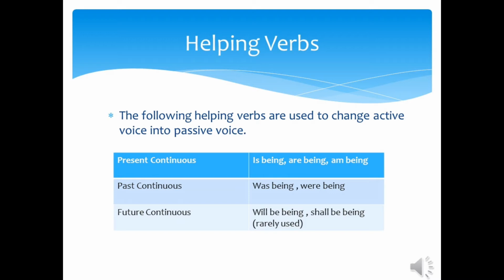And am being will only be used with the subject I. In the same way, was being will be used with singular and were being will be used with plural subjects. In the case of future continuous tense, the same difference will be there: with I and we, shall will be used, and with all other subjects, will is used. But students, keep this in your mind that the passive voice of future continuous tense is used rarely.